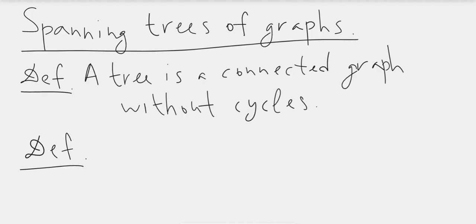Let's say that we have a graph G. A spanning tree of a given graph G is a subgraph that is a tree and that contains all vertices.